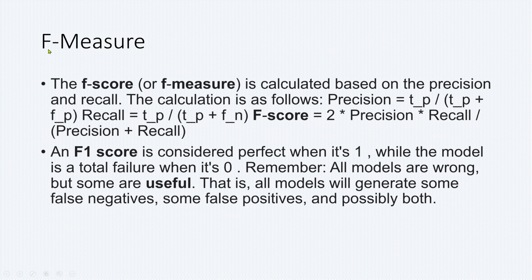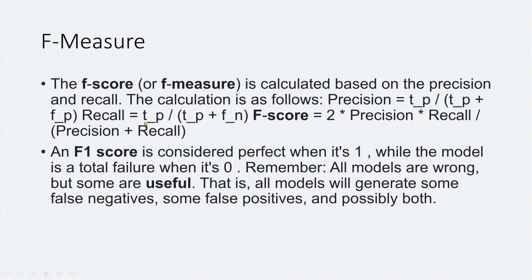We also have what we call the F measure. We saw it in our classification output. The F measure, which is also called the F score in most statistics textbooks, can be calculated based on the precision and the recall. The calculation is as follows. Precision equals true positive divided by true positive plus false positive.